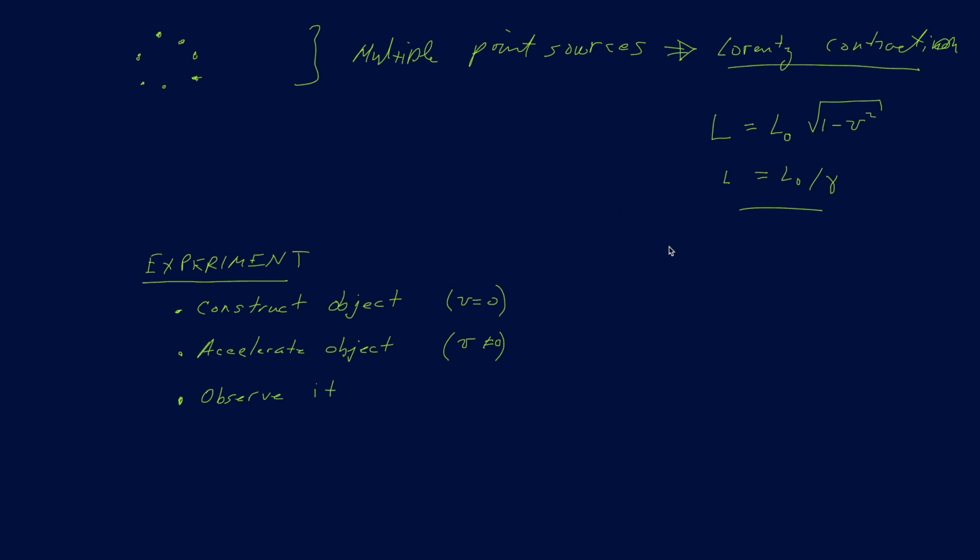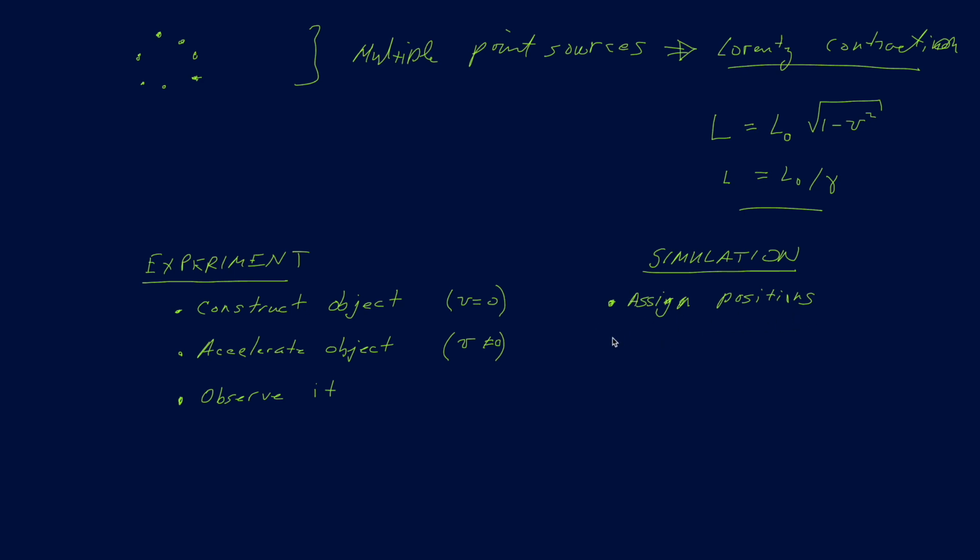Okay, so now let's say we want to construct a simulation of that experiment. How do we do this? Well, what we do is the following. Simulation. Now, what is the analog of constructing an object? What we have to do is assign positions to the point sources.